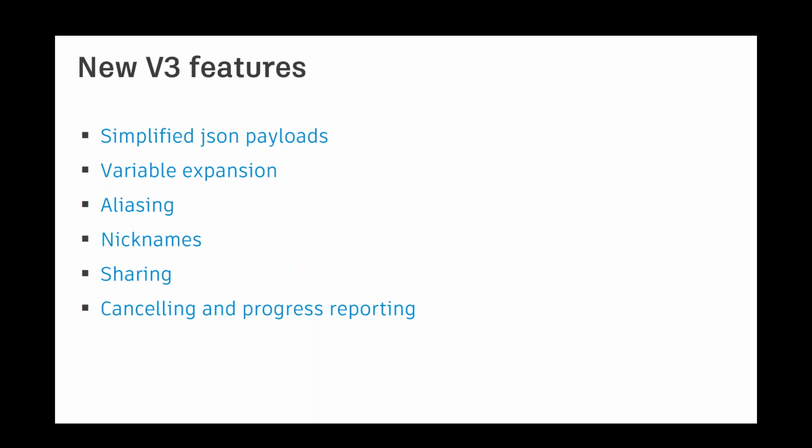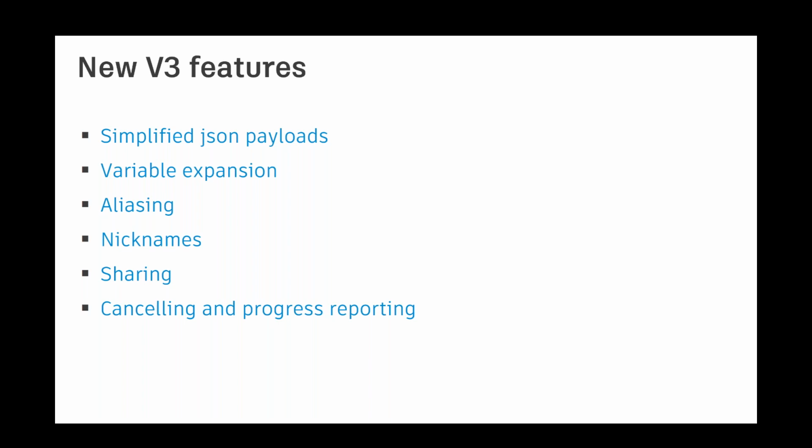Some of the other benefits we're adding in V3 are aliasing so that you can upload your app and label it as maybe beta if it's not really ready to go into production yet, while your main workflows are still using a production alias. Nicknames and sharing go together.